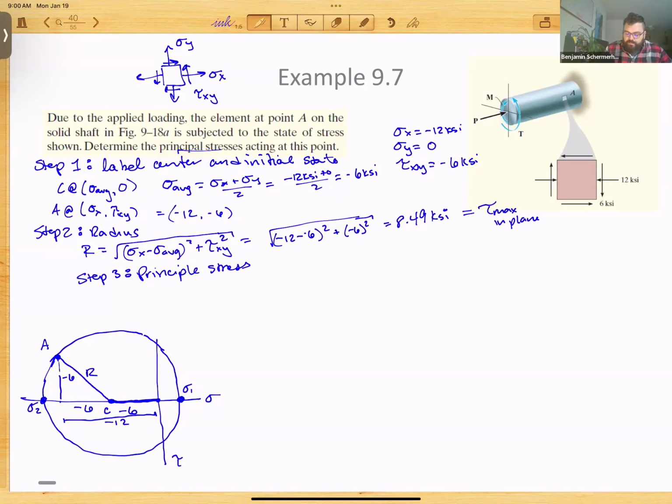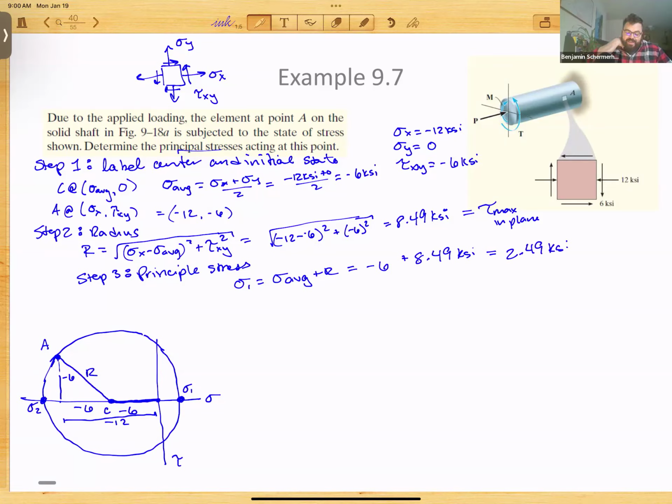But if we want the principal stress for step 3, sigma 1 is going to be the sigma average plus R, which is going to be negative 6 plus 8.49 KSI, which is going to be 2.49 KSI.